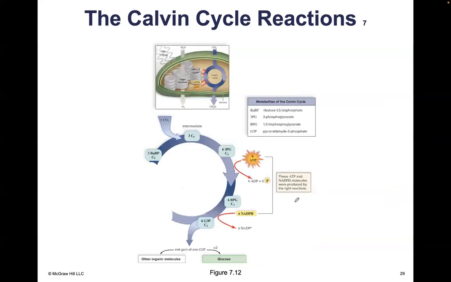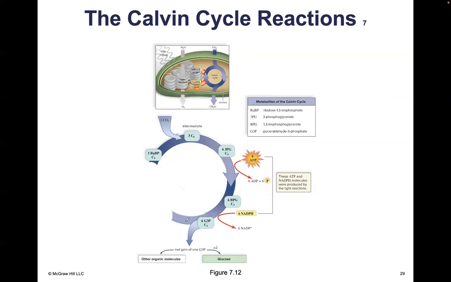So after that process, what happens? Then it produces glucose. 6 G3P, which is glyceraldehyde 3-phosphate, is going to produce a glucose molecule. Other organic molecules are also being produced.